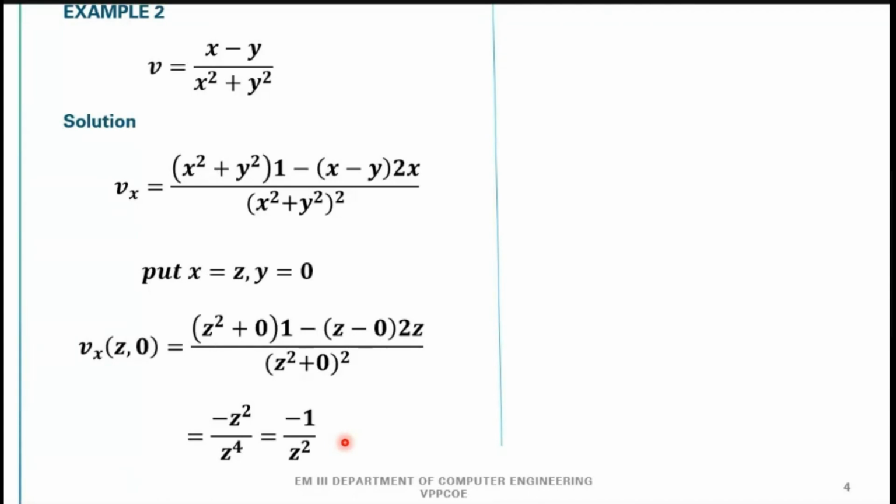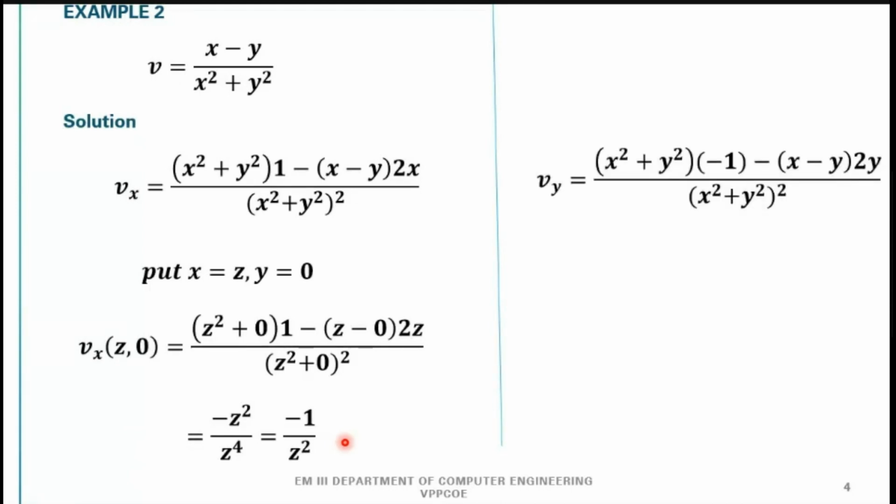Similarly, calculate Vy. Differentiating V partially with respect to y. Again, u by v method, x will remain as a constant.